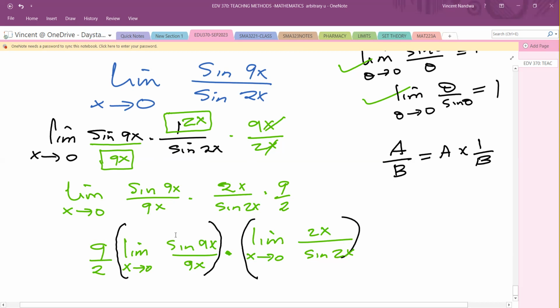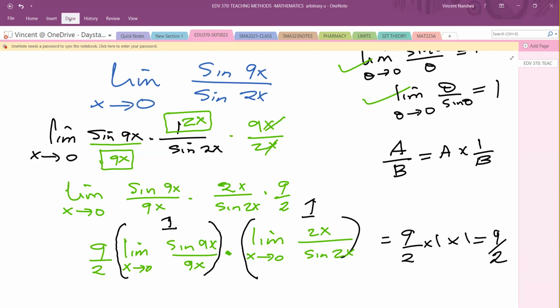Sine theta over theta as theta approaches 0 gives you 1. It gives 1 because it takes the structure of the standard one. So here the answer is 1. This other one also gives 1. So this is as good as saying 9 over 2 times 1, which is 9 over 2.